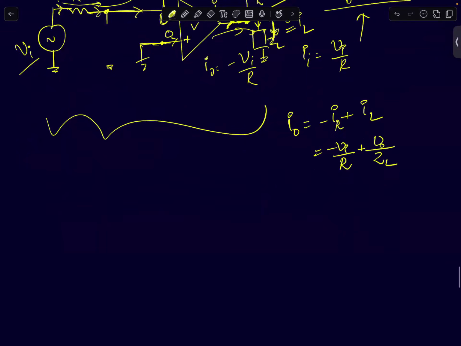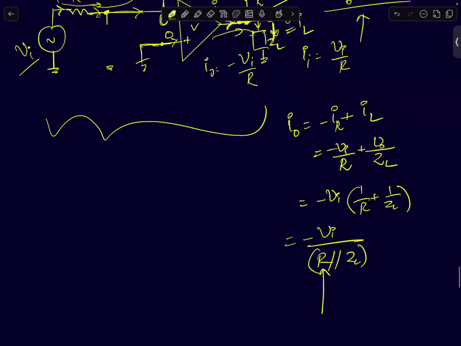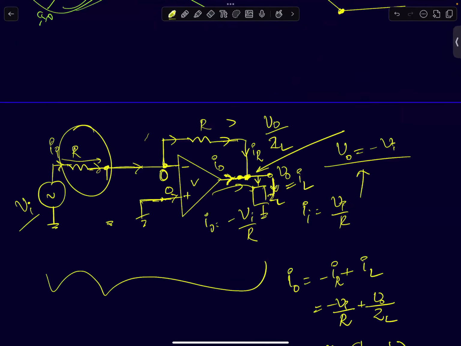Since V naught equals minus Vi, I can write it as minus of Vi into 1 by R plus 1 by ZL, or simply minus of Vi by R parallel ZL. Keep in mind this resistance R is this resistance here. If I make this resistance 10R, the current flowing through the resistor will not change.